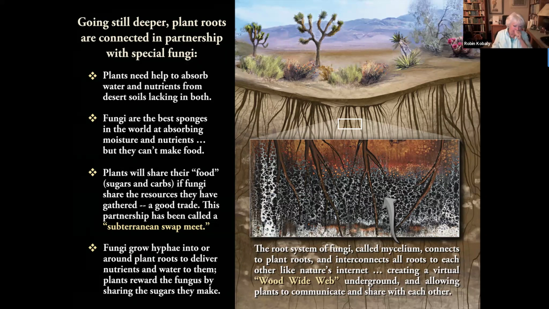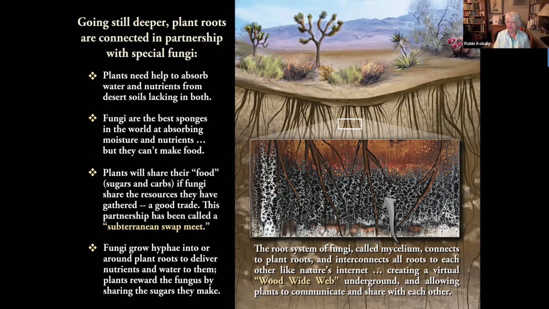So fungus is fabulous at absorbing things. It's the best sponge in the world, but they can't make their own food. And plants make their own food, but they have a really hard time getting enough moisture and nutrients out of soils such as the deserts that are very low in organic matter, because there's not a lot of mulch to break down.